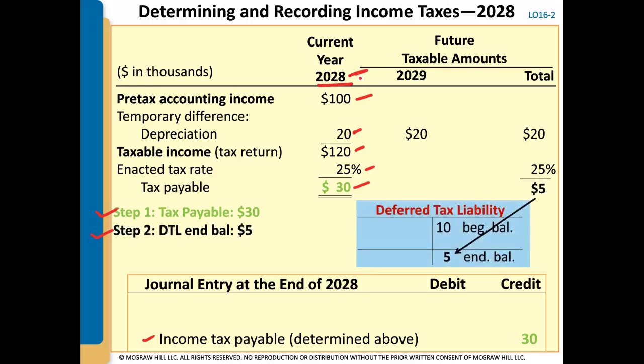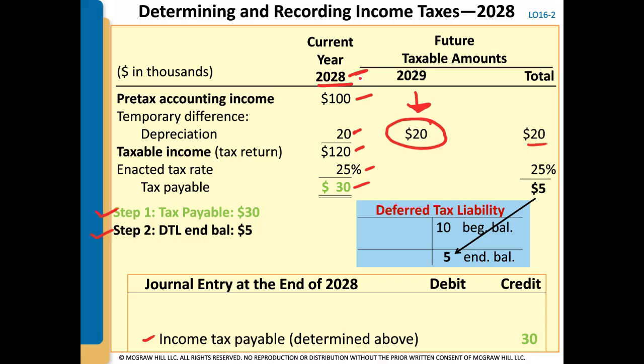Step two is figure out your ending deferred tax liability. Well, now I've already recognized this deferred tax liability in the current year. So now in the future, remember, deferred taxes is what happens in the future, not in the current period. So now I have one more year where I'm going to have to add back this $20 into my taxable income.